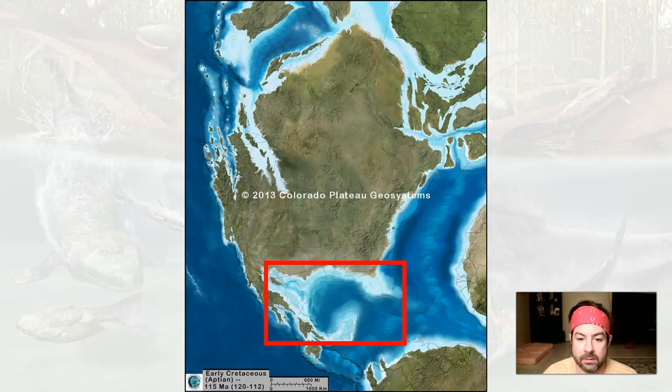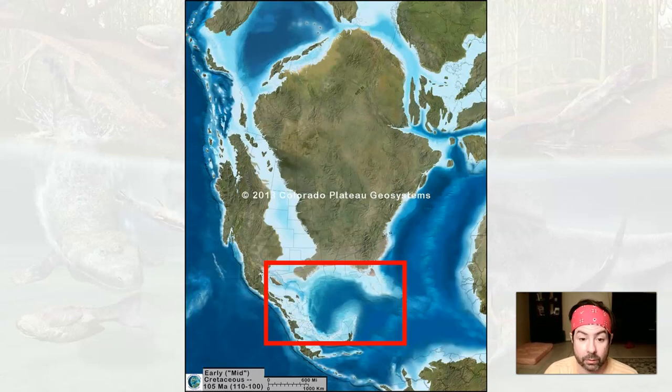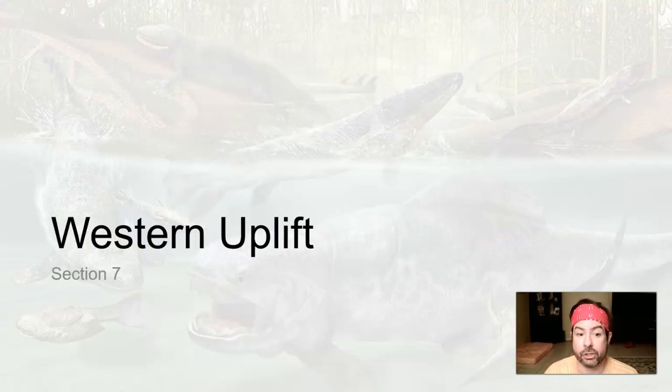There was a subtle transgressive event, with water coming in and covering the shallows of the continent. Warm, shallow ocean water is what reefs need to survive. So that was created as we move through the Cretaceous.